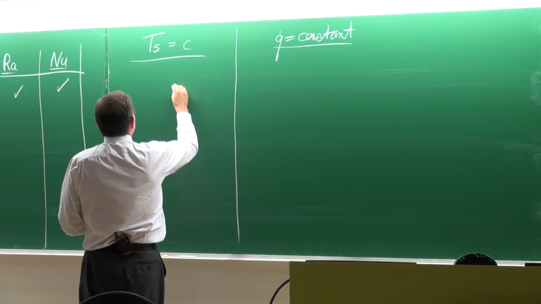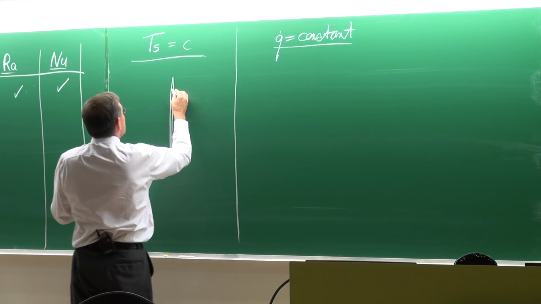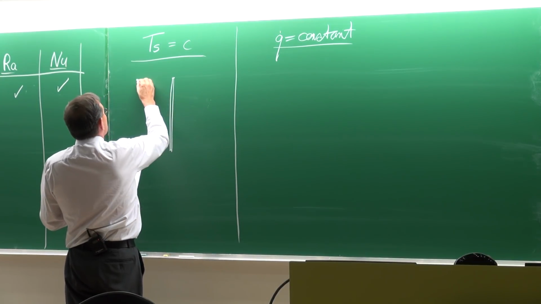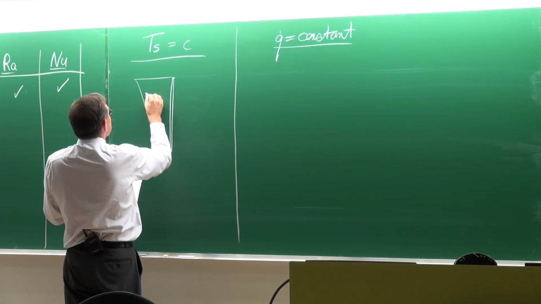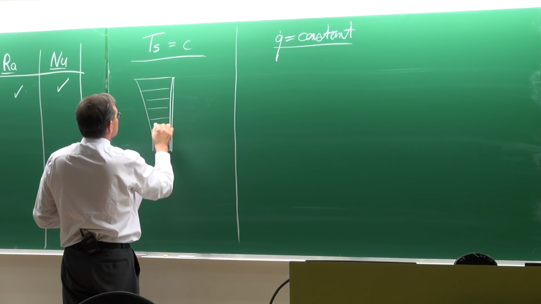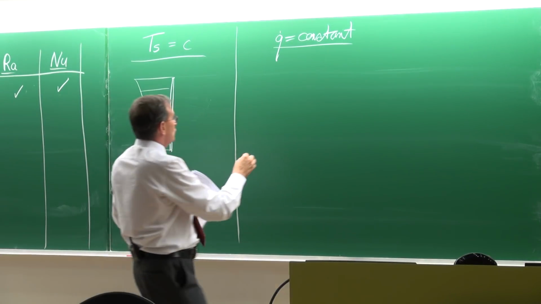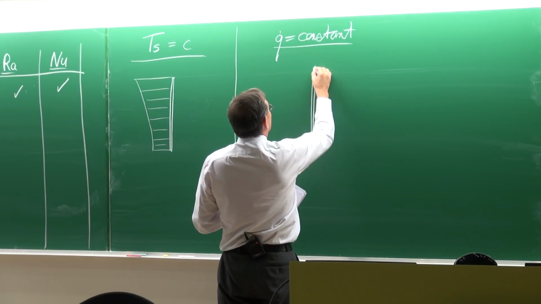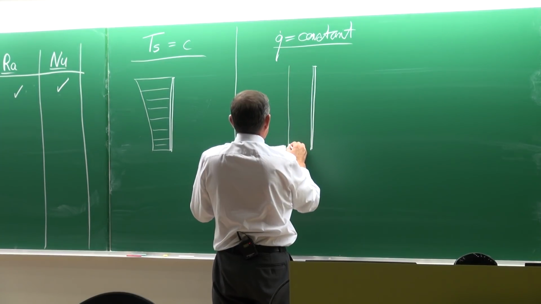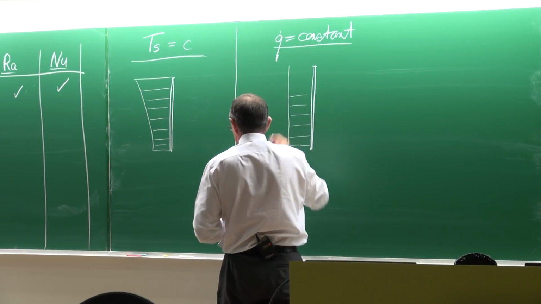Now, the result of that is if we typically have a geometry like a flat plate, is that the temperature distribution will do something like this. So that distance there is an indication of the temperature. So that's for a constant heat flux, while this one would be something like that. Oh, no, sorry.